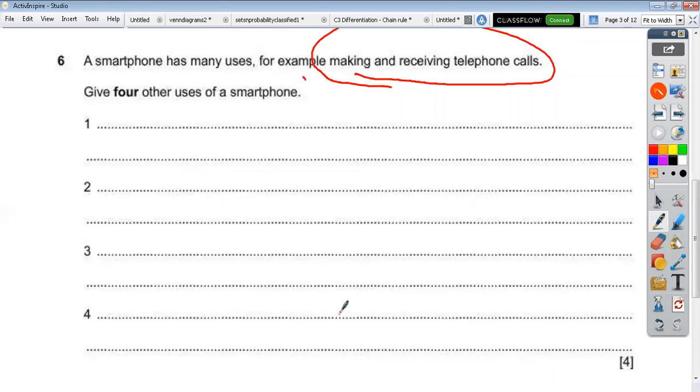Taking videos. Okay, I agree. What else? Recording using the voice recorder. Okay, what else? There are many uses.